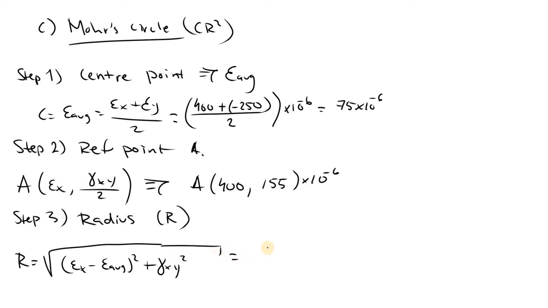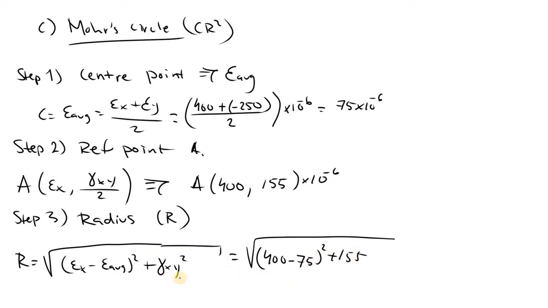So let's input our values. Square root of 400 minus 75, squared, plus 155 squared.